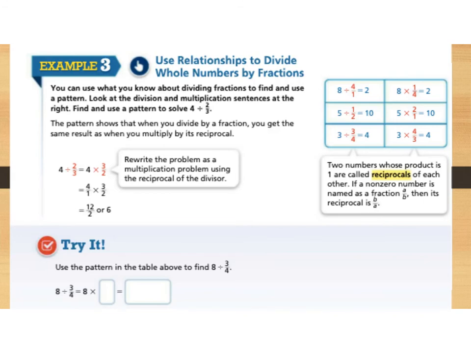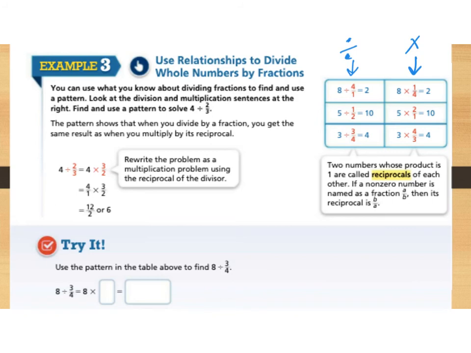So, looking over here at this chart, if you have 8 divided by 4/1 equals 2. Well, 8 times 1/4 equals 2. Notice, this first column is division, this second column is multiplication. 2 numbers whose product are 1 are called reciprocals.